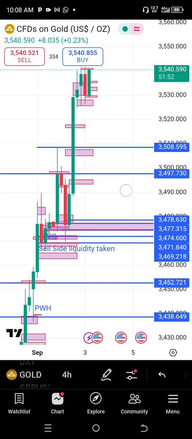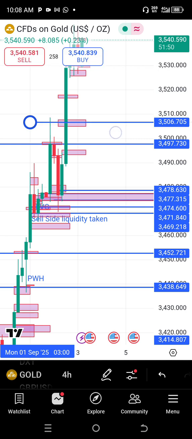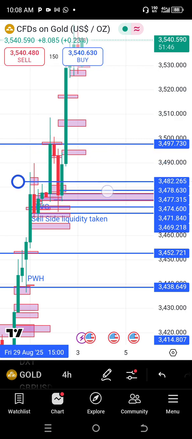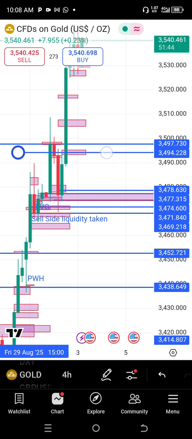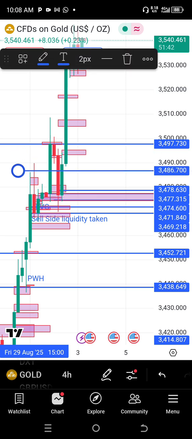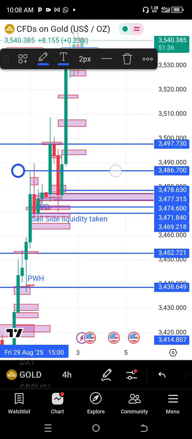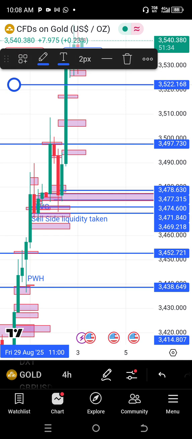And whenever there is a break of market structure, are you able to see something like this? This is the bullish order block, right? It is very likely that the bullish order block is going to be respected.